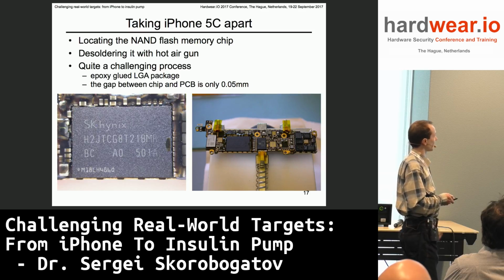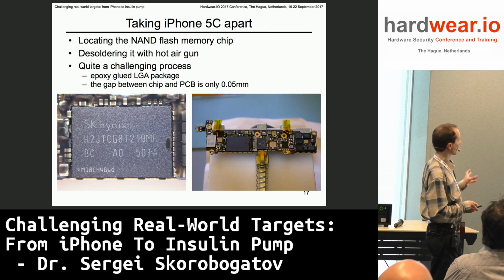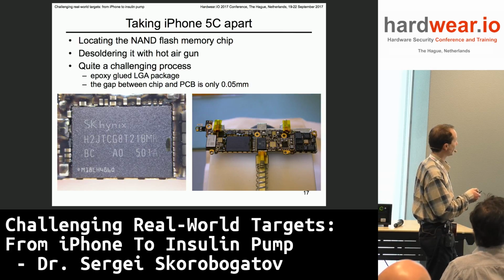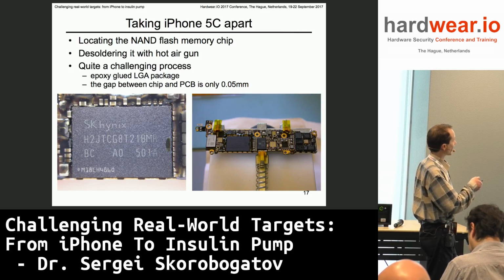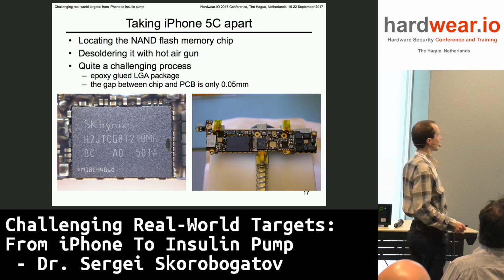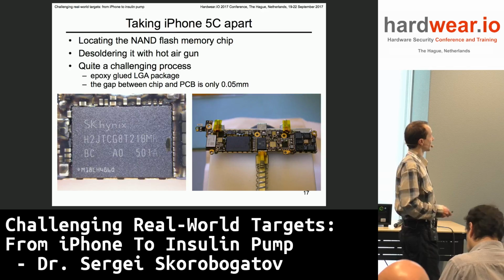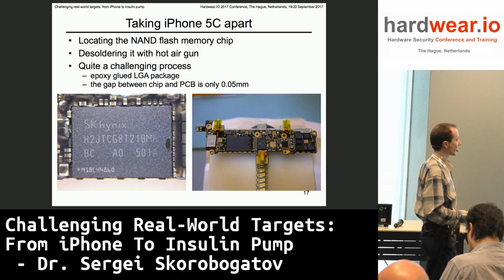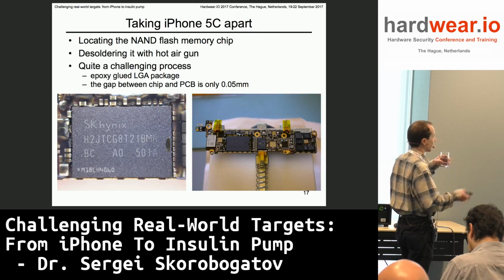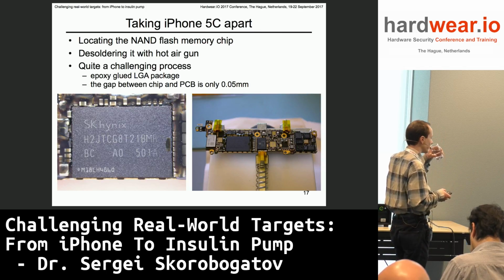The first difficulty that I came across was that the NAND flash was not only soldered to the PCB, but also glued, and the distance between the NAND flash and the PCB is only 50 micrometers, so they are placed very close to each other. But it was possible to just increase the temperature of the heat gun and carefully detach the flash from the PCB.